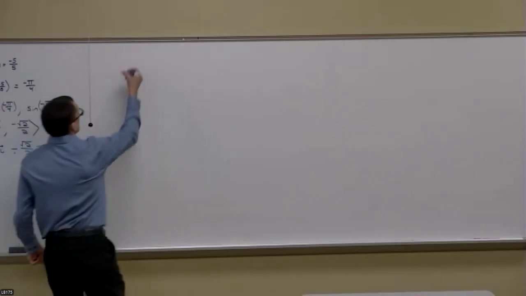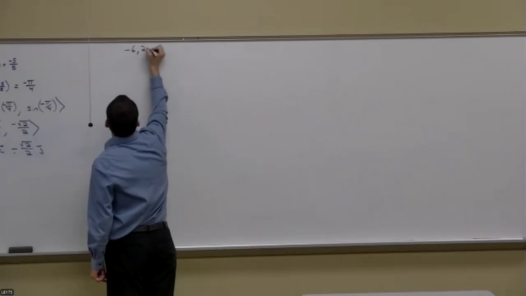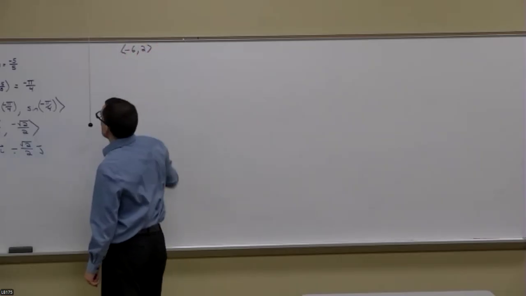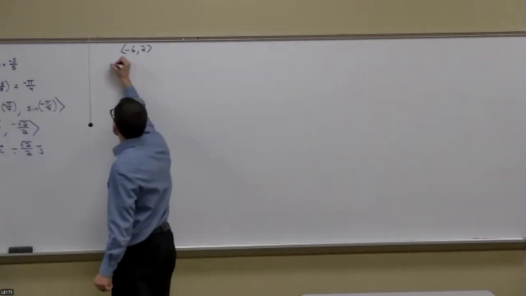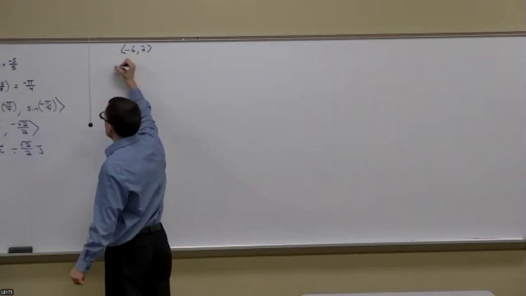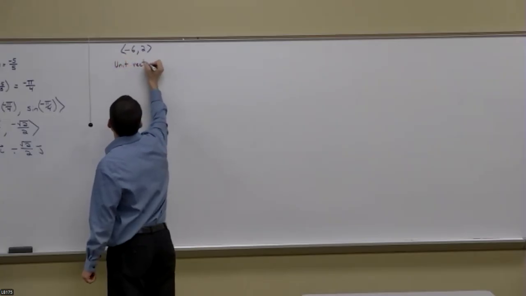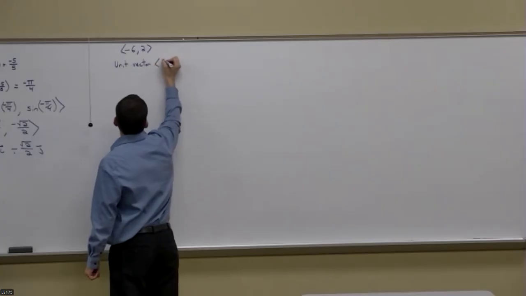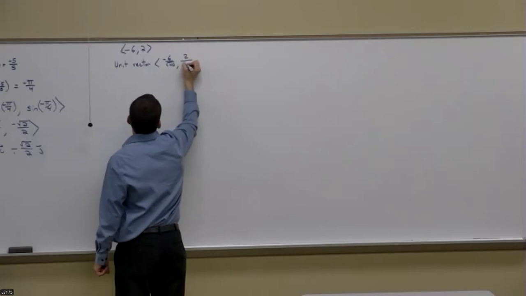Let's do another one just for example. Earlier, we had negative 6, 2. And we used the magnitude to find the unit vector. It came out as negative 6 over root 40, comma 2 over root 40.